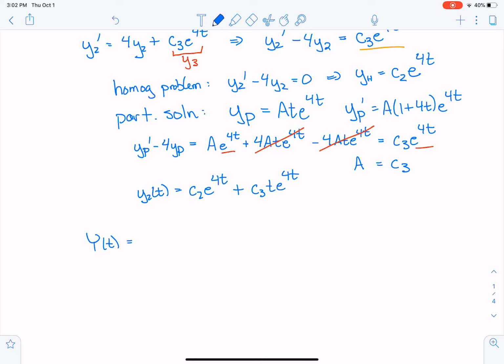That's going to equal c1 e to the 2t, then c2 e to the 4t plus c3 t e to the 4t, and then finally c3 e to the 4t. And so this is a nice technique that you can use to solve an upper triangular non-diagonalizable system.